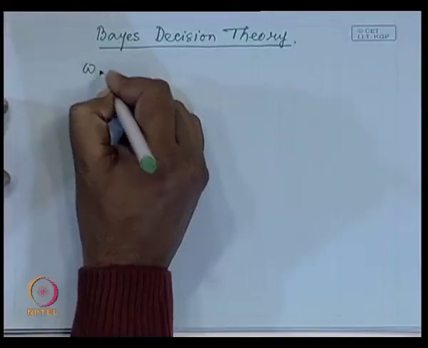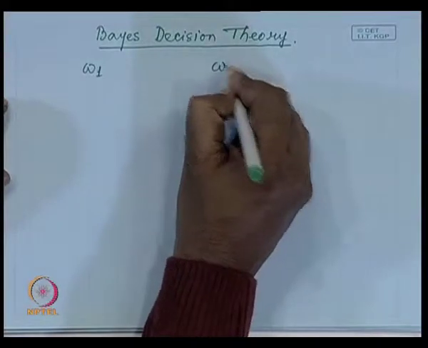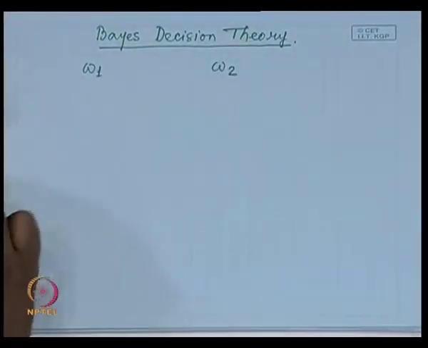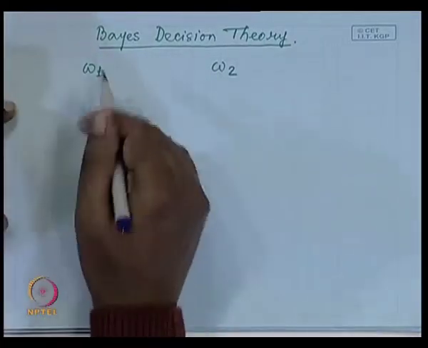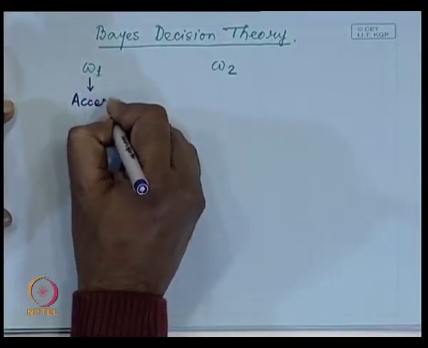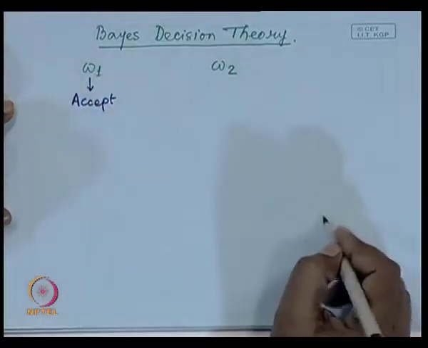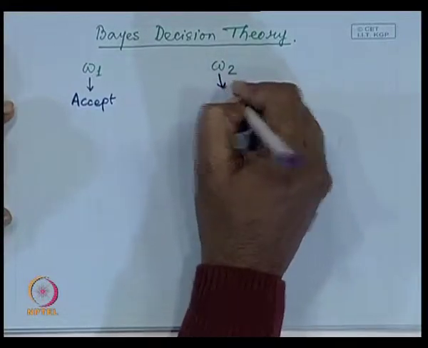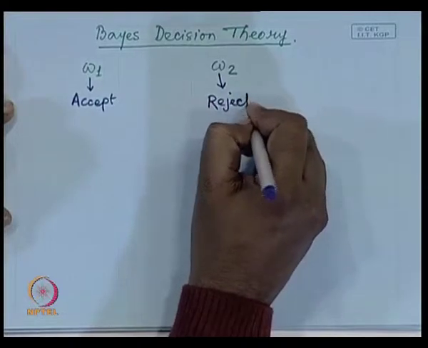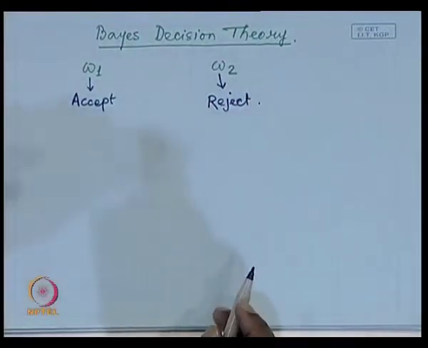Okay. So, I was talking about a two class problem. One class I said omega 1 and the other class I said omega 2. Okay. Here let me assume that this class omega 1 actually means the category accept, okay, and class omega 2 actually means the category reject, right.